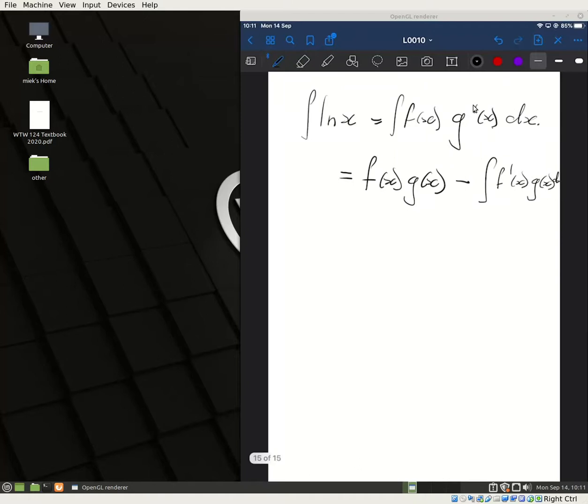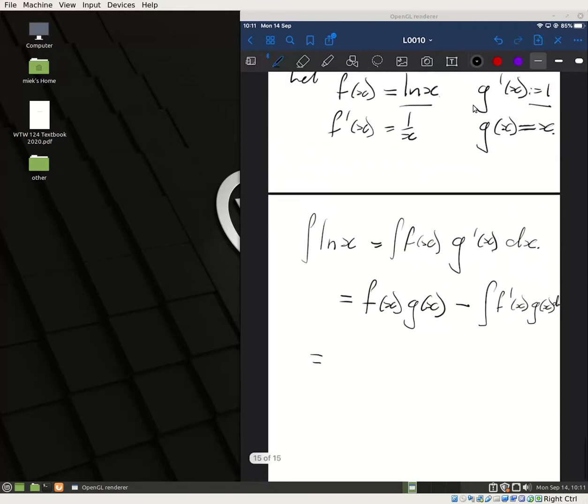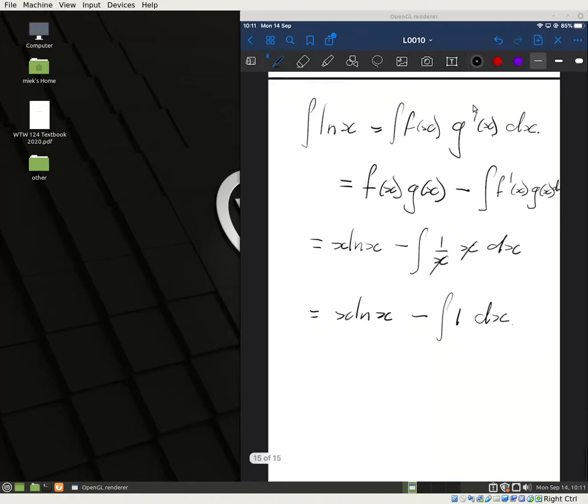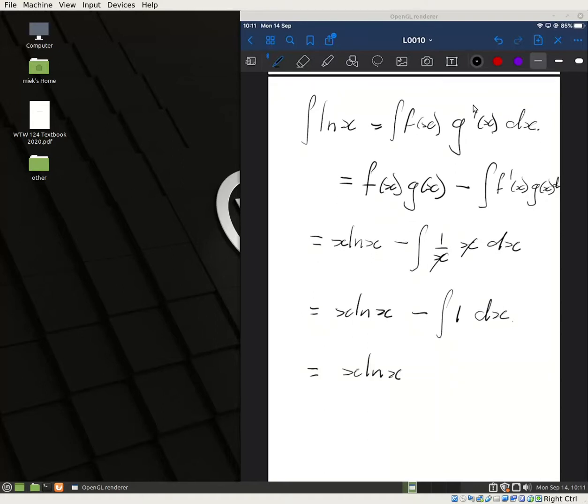Okay, so let's plug in everything that we need. f of x is ln x, g of x is x, minus the integral, f prime is 1 over x, and g of x is x dx. x cancels with x, we're left with x ln x minus the integral of 1 times dx, which is equal to x ln x minus x plus c.